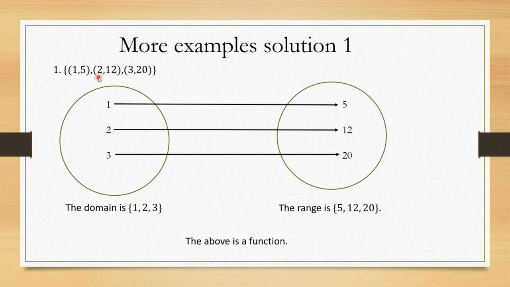Here, I draw the arrow from 2 to 12. 2 as your input has output 12. 3 is input, and has output 20. You can see that each input here has only one output. One arrow is only coming out of each of these. So that's how we know it's a function.